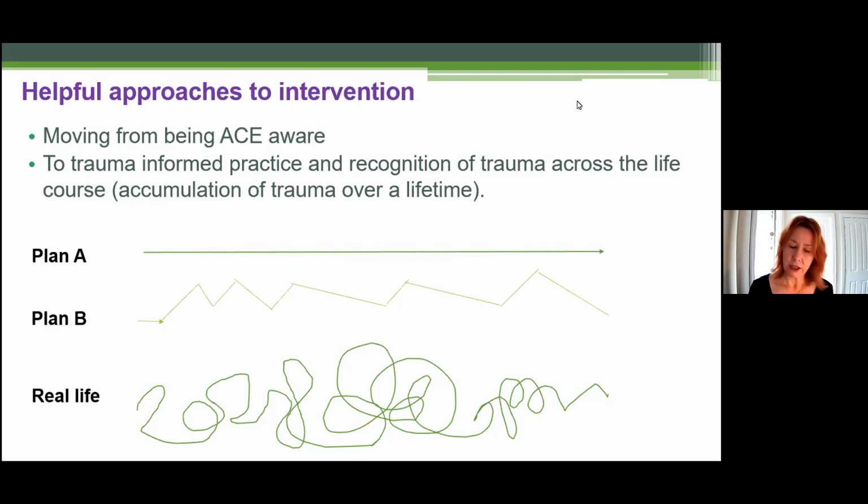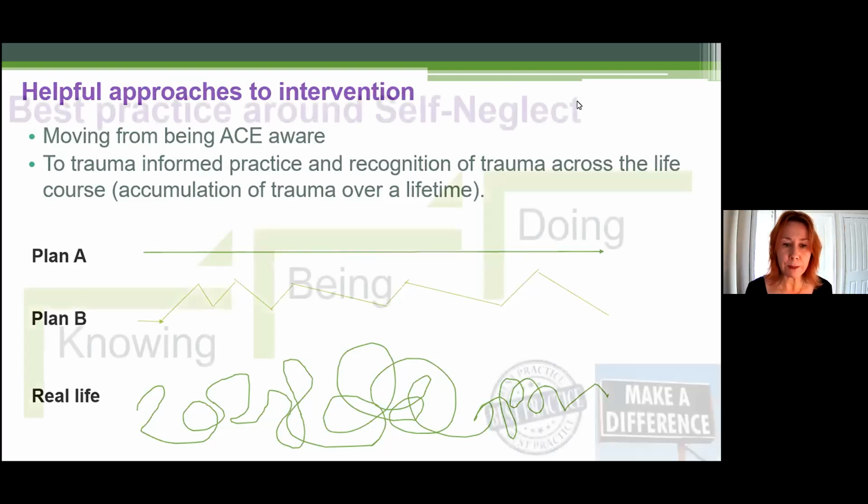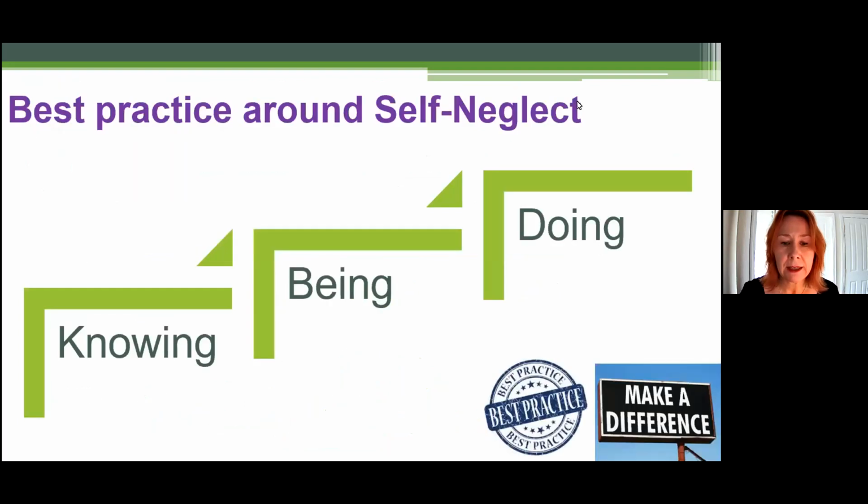So the next section is looking at some approaches that can help us when we're working with someone who self-neglects without re-traumatizing them. Best practice around self-neglect is all about these 3 stages: knowing, being, doing. Knowing is about knowing the individual, their unique history, and the significance of their self-neglect.